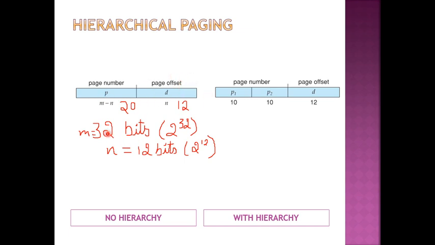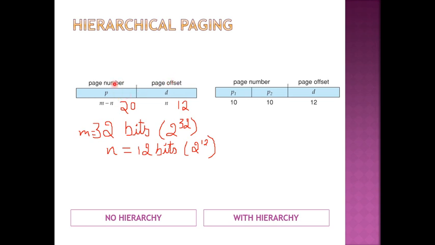Every page is of 4 KB, and 4 KB can be represented as 2 raised to 12, so 12 bits are required to represent the offset. Applying the formula n minus m, 20 bits are required to represent just the page number, and 12 bits are required for the page offset.